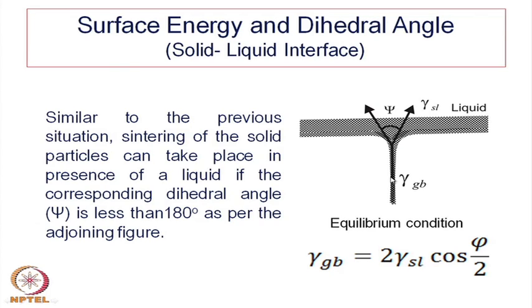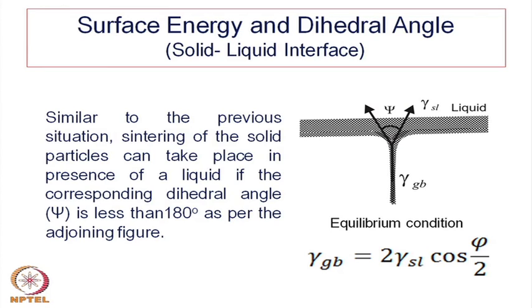Once the grain boundary has formed, we are still assuming that although the liquid is there, the liquid is not forming the grain boundary phase, or there is no film of liquid along the grain boundary. So, this is a slightly different concept than the liquid phase sintering which we have defined earlier. In liquid phase sintering, we have a film of liquid, but here, in the pool of liquid, ultimately the liquid is not along the grain boundaries.